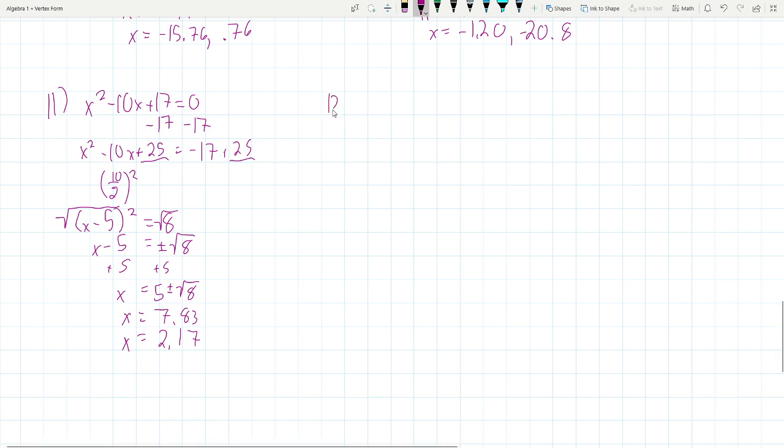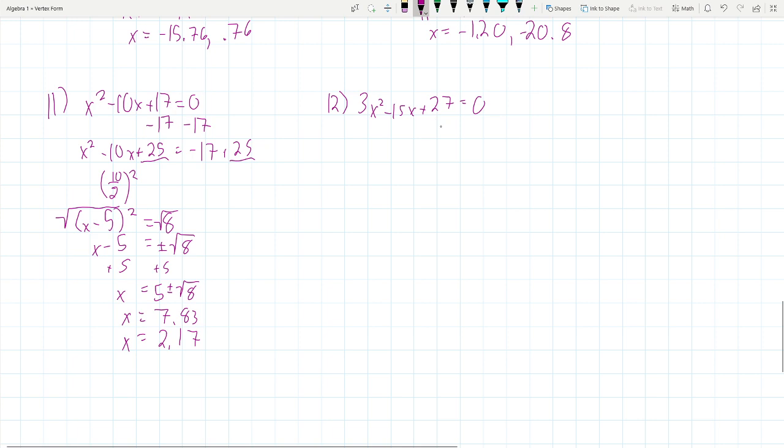All right, number 12. So we have 3x squared minus 15x plus 27 equals 0. And so I take the same steps. Where this is a little different is that we have this 3 in there.